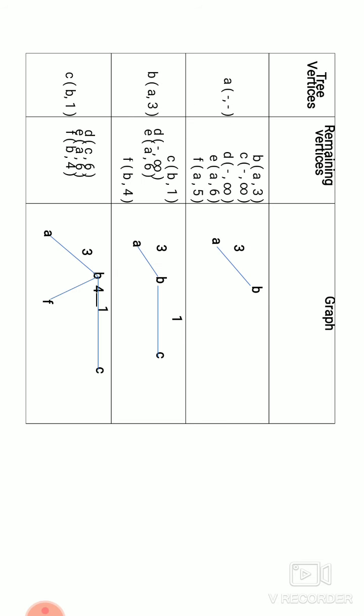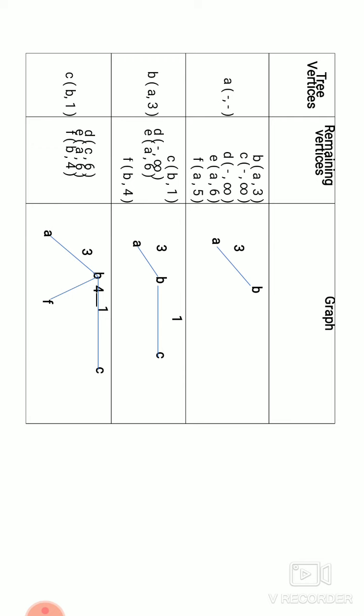So here I have A within brackets, dash comma dash. What are these spaces? The first dash tells you the parent vertex of this vertex. When we say U star V, reaching V from U, A comma B means A to B. So if you reach B from A, A is called the parent vertex.